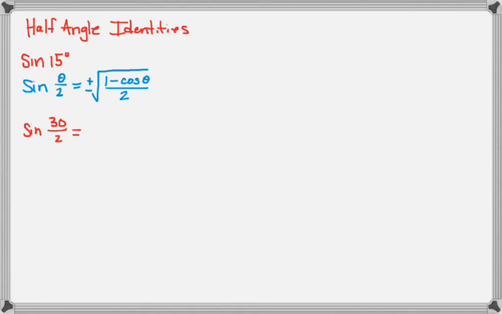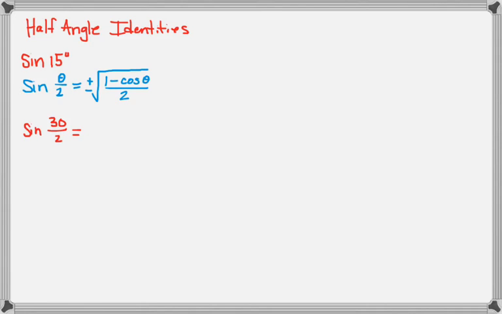Because that's 15. Here's the part that confuses a lot of people with the half angle identities. We double the angle that we're going to be investigating. But it's the half angle identity. So I'm going to be using 30 degrees in my problem because I can't use 15.